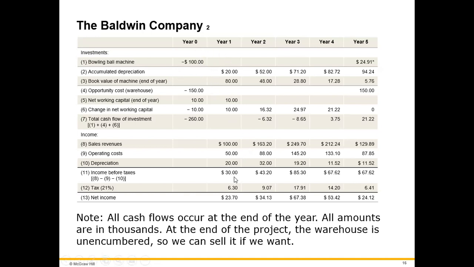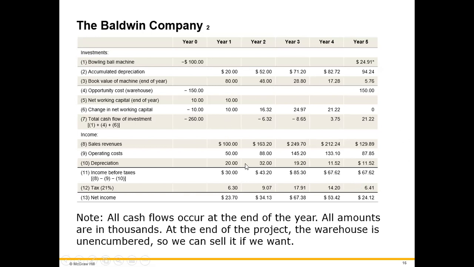100,000 times 20% will give you $20,000 of depreciation in year 1. Go to the next percentage down that column for year 2. 100,000 times 32%, that's where the 32,000 comes in year 2. I'm just going to keep going across. Year 3, 100,000 times 19.2%. Year 4, 100,000 times 11.52%, and then the same percentage is used for year 5.